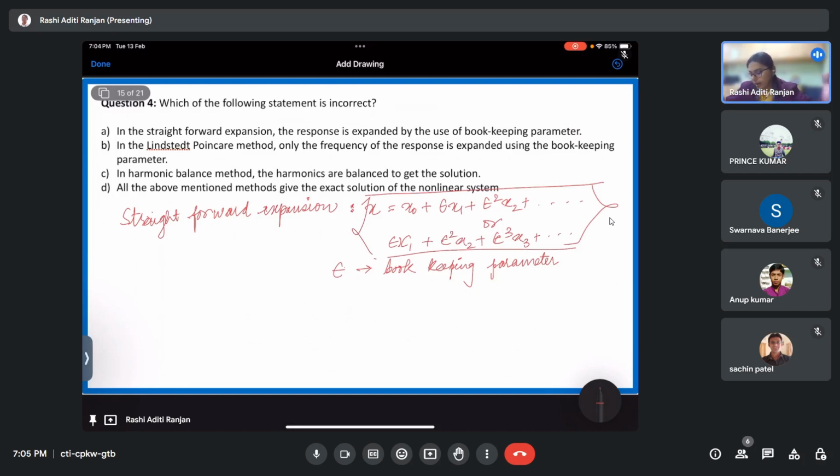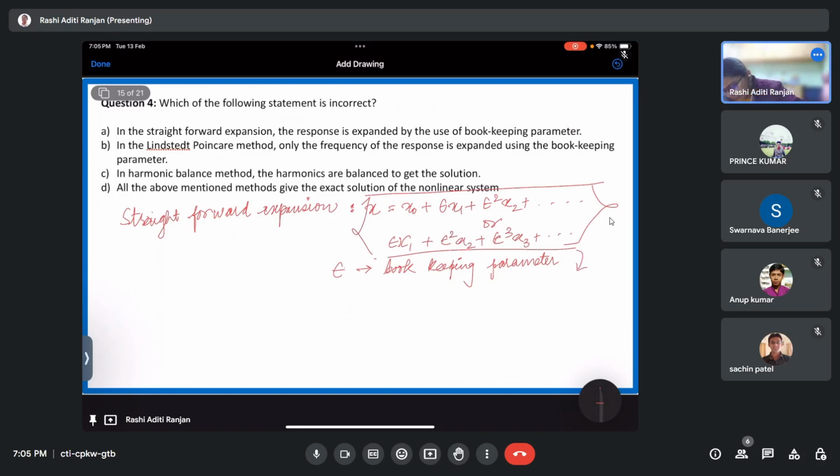Now coming on to the Lindstedt Poincare method. It says that in the Lindstedt Poincare method, only the frequency of the response is expanded using the bookkeeping parameter. The Lindstedt Poincare method is a method which is above this straightforward expansion. What do we do there?